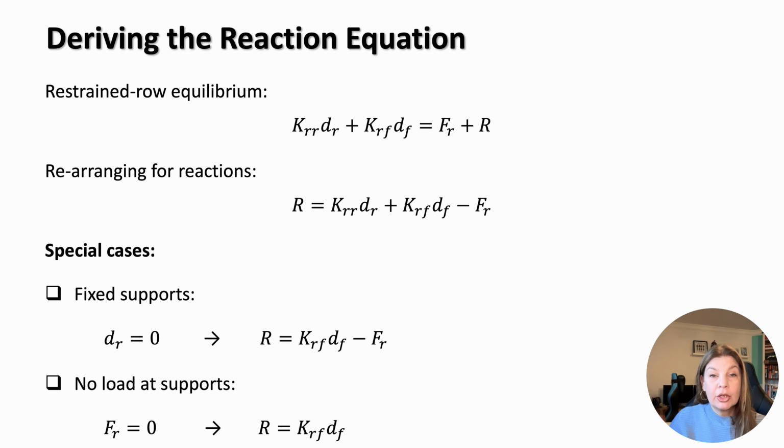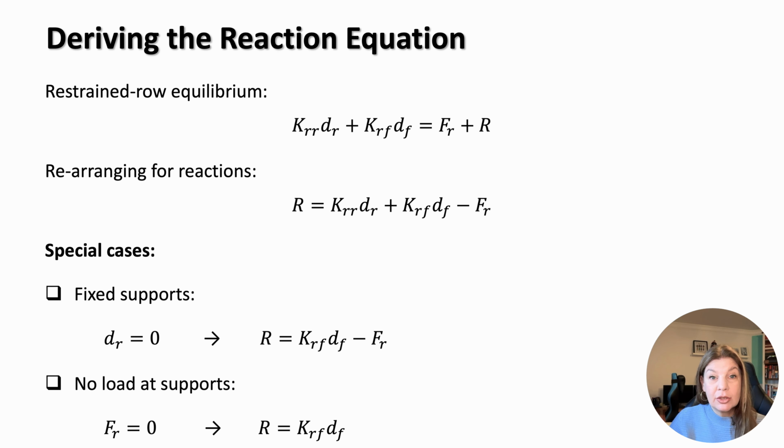Now that we've partitioned the global system, let's focus on the restrained rows. These correspond to the supports. From the original global equation, we can express the restrained degrees of freedom, the supports, in terms of known displacements, which are usually 0, and the computed free displacements.